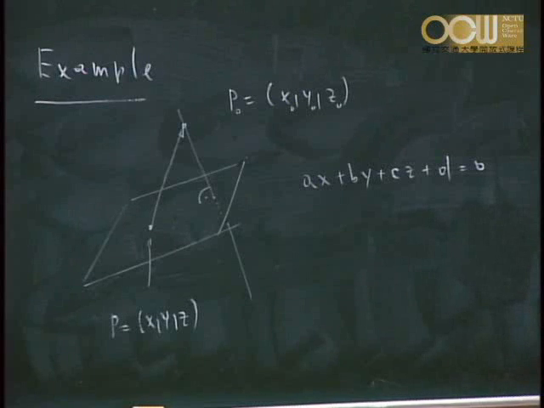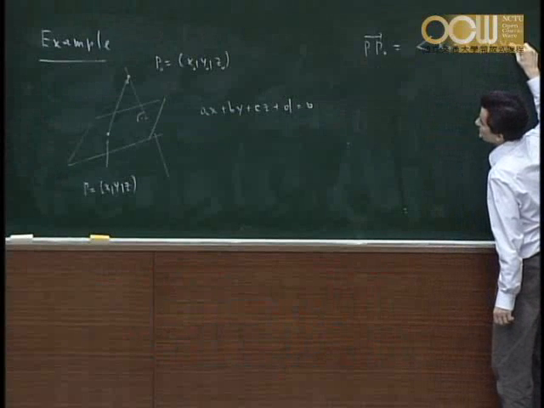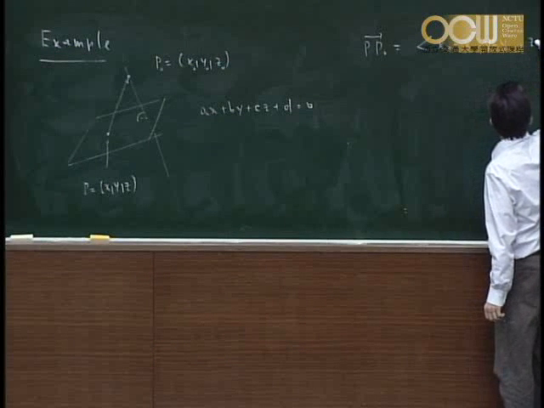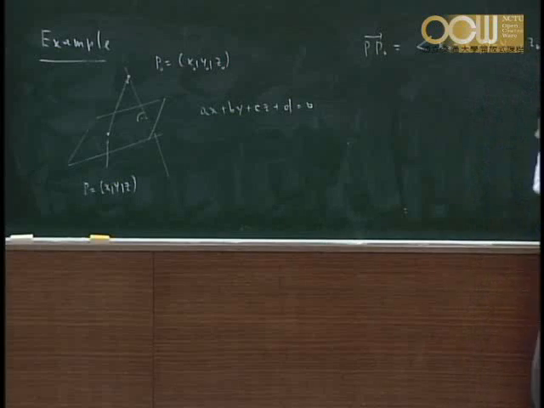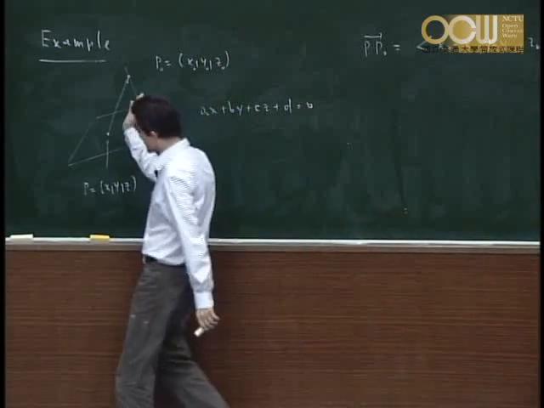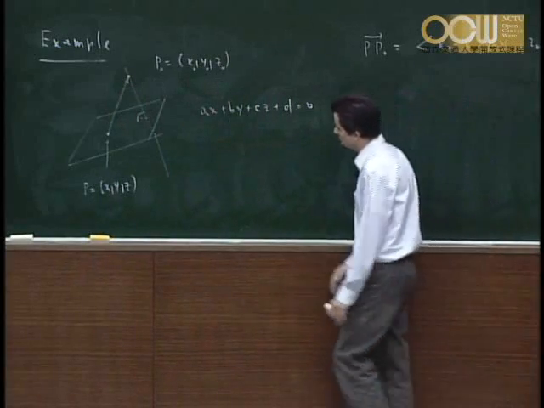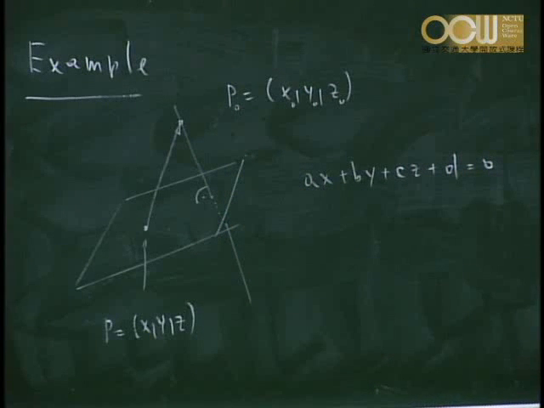This vector has coordinates x0 minus x, y0 minus y, z0 minus z. And the only thing which you have to do is you have to project this vector onto a vector in direction of this line here, and you have to determine the length of this projection.